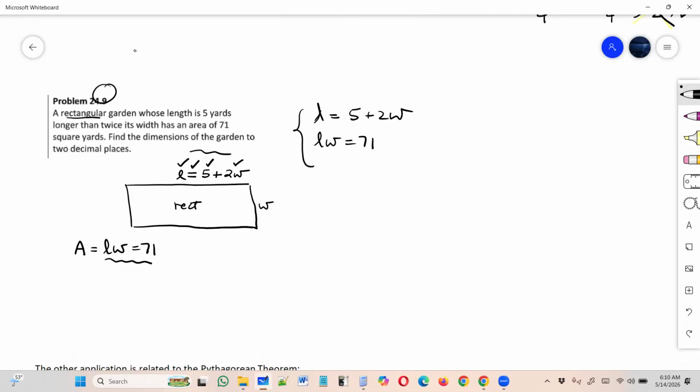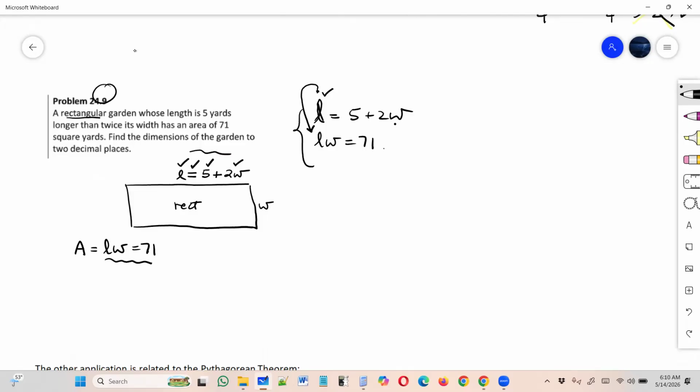Now all I have to do is solve this equation. But notice that, in this type of application, this always happens. I have one variable being defined in terms of the other. All I have to do is get this variable and replace it into the other equation.